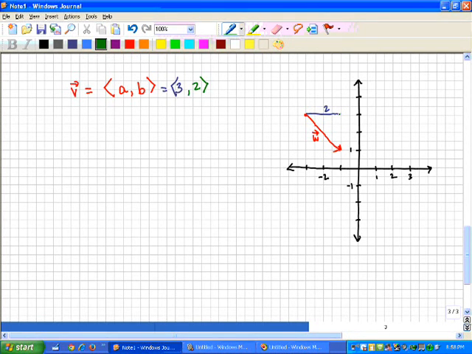The vertical component would be down this time, 1, 2. So the vertical component would be -2. So the vector W, using this notation, would be represented by 2 for the horizontal component, -2 for the vertical component.